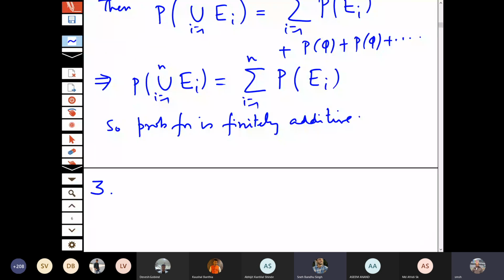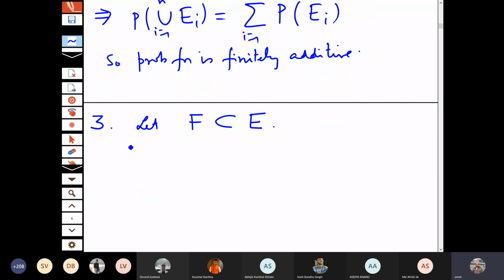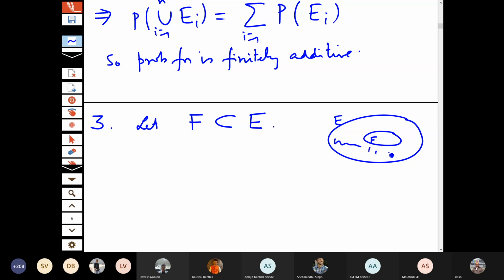Let us look at the third property. Let F be a subset of E. Okay. Then let us consider, so it is like this. So I have E and this is F. So what is this portion then? This portion will become E minus F. All right.